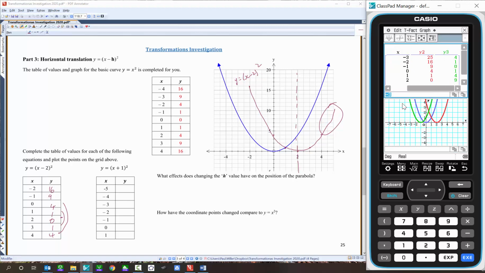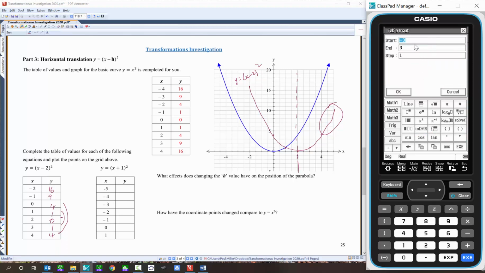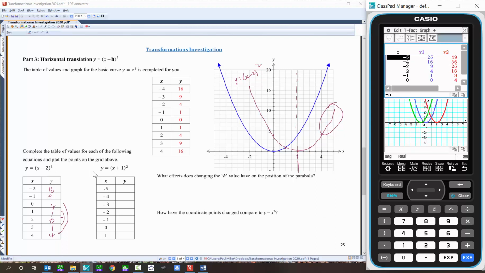grab those green values. So let's just change our table so that we get them. We want from -5 to 1. Okay, so we've got -5 is 49.